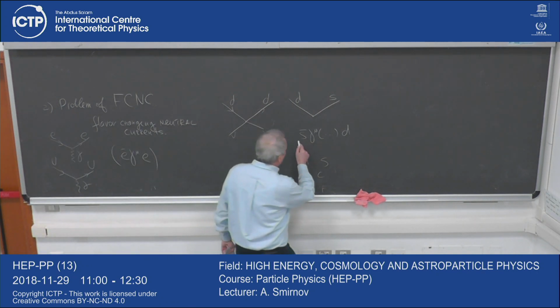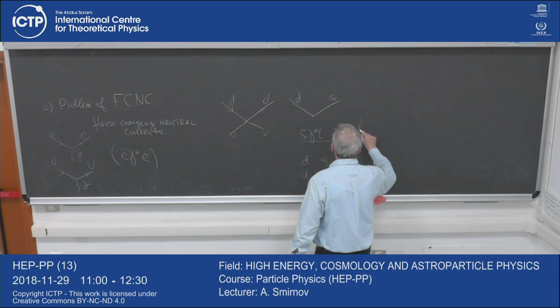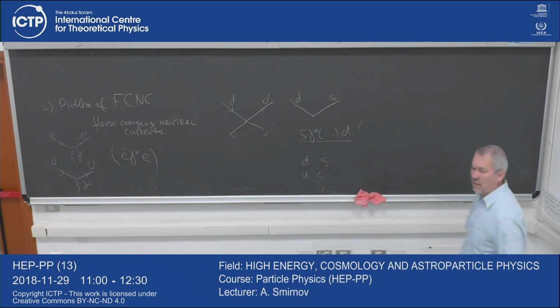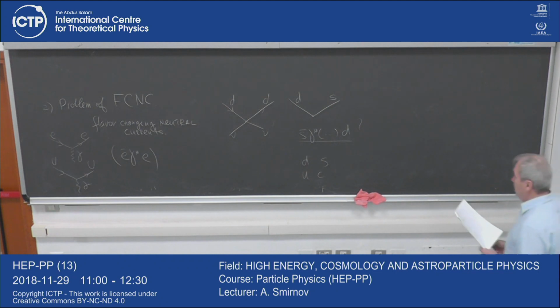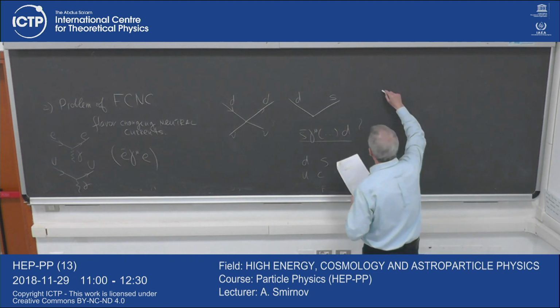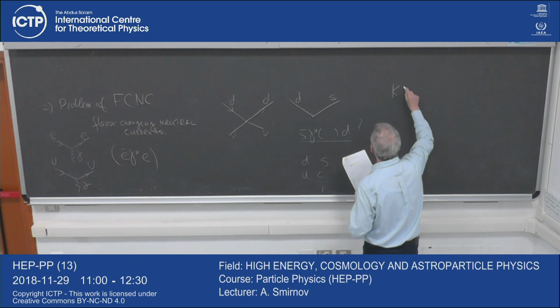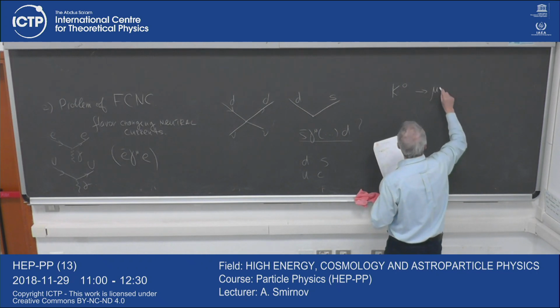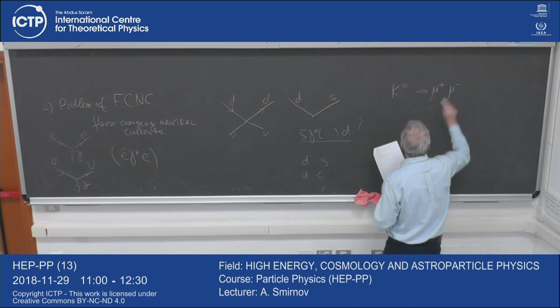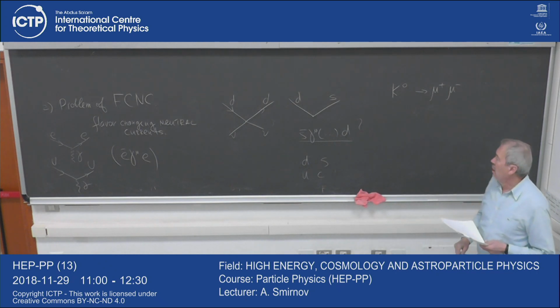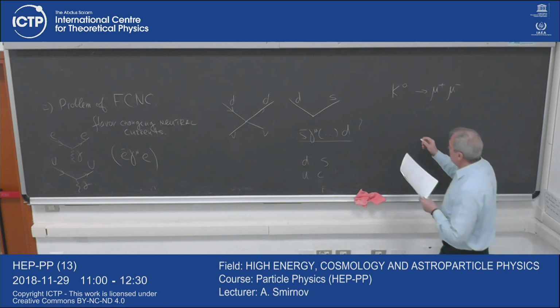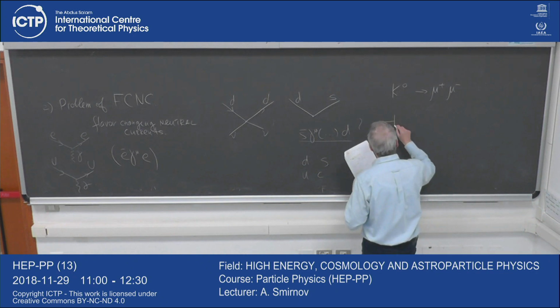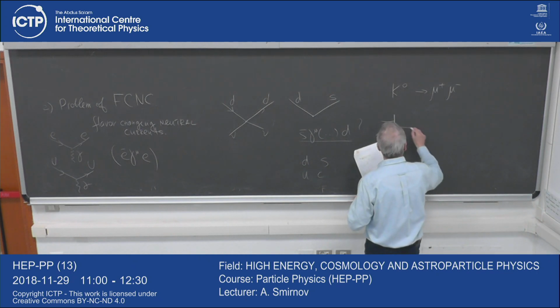Now, the question is: does this current exist or not? How can we test this? A very good test is the decay of K0 into mu plus and mu minus. Remember, K0 from the quark point of view consists of an s antiquark and a d quark.